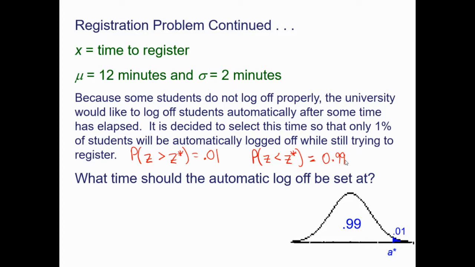Have you ever been on a machine where after so long it just kicks you out? That's what they're doing here. They only want 1% to be kicked out before they're done. Since they only want that extreme amount, we want greater than. Does that make sense? Yes, sir.